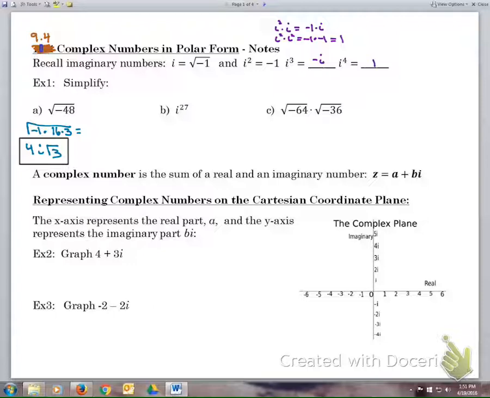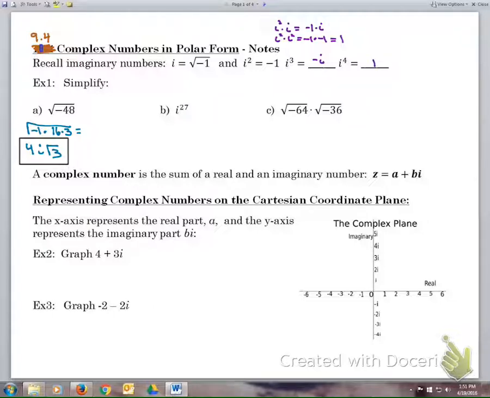For B, it's i to the 27th. So what you want to do there is you want to find the number that's divisible by 4. So any i to any power divisible by 4 is always 1. So i to the 4th is 1, i to the 8th is 1, i to the 12th is 1, i to the 16th is 1, and so on.